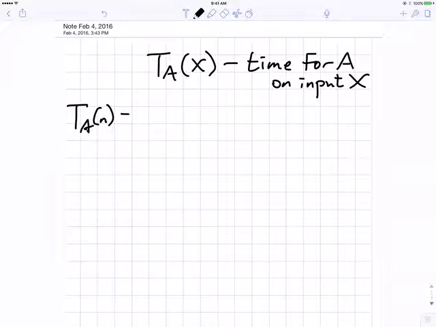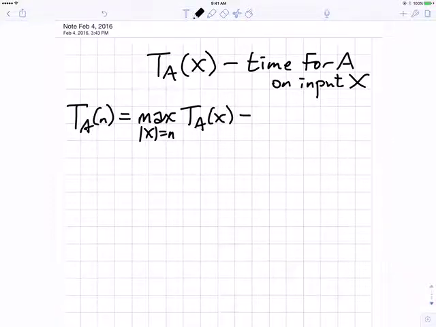So this is the maximum over all inputs of size n of the running time of the algorithm on that input. This is worst case.